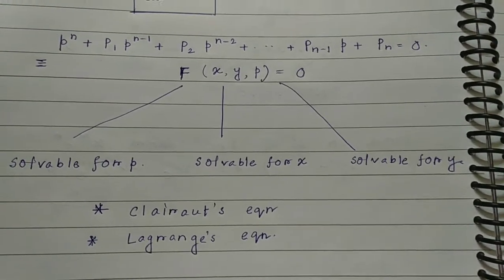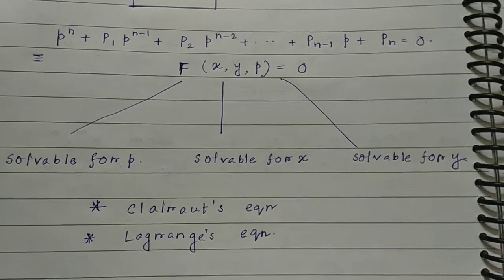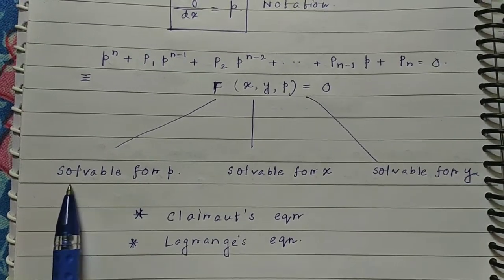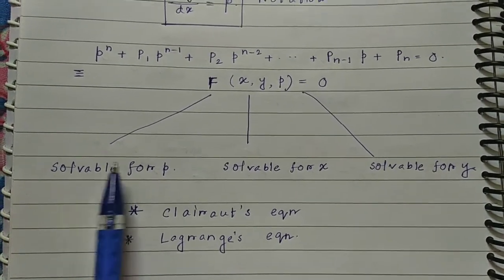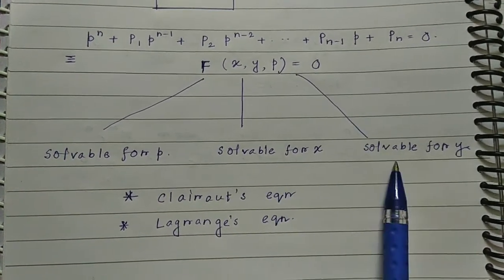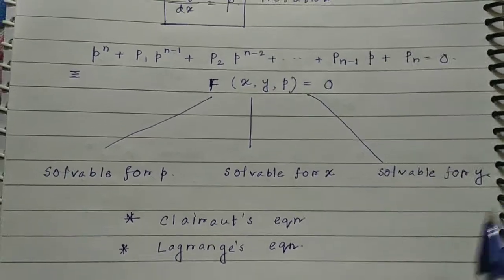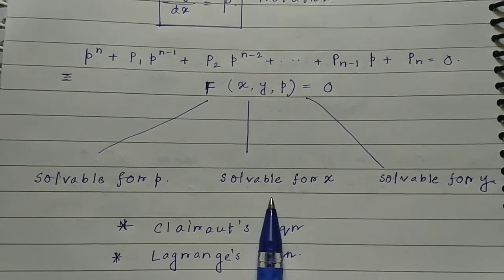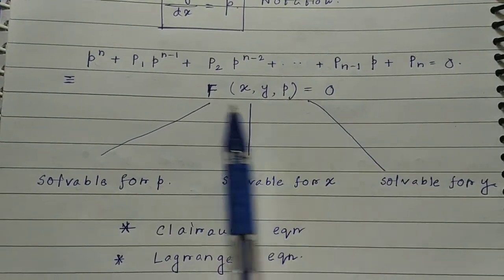The very few which we can solve include three methods: we can solve for p, we can solve for x, or we can solve for y.